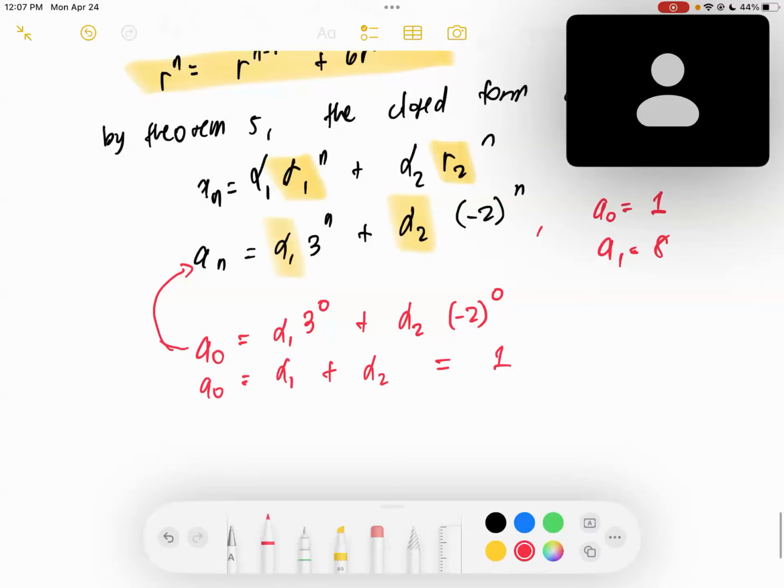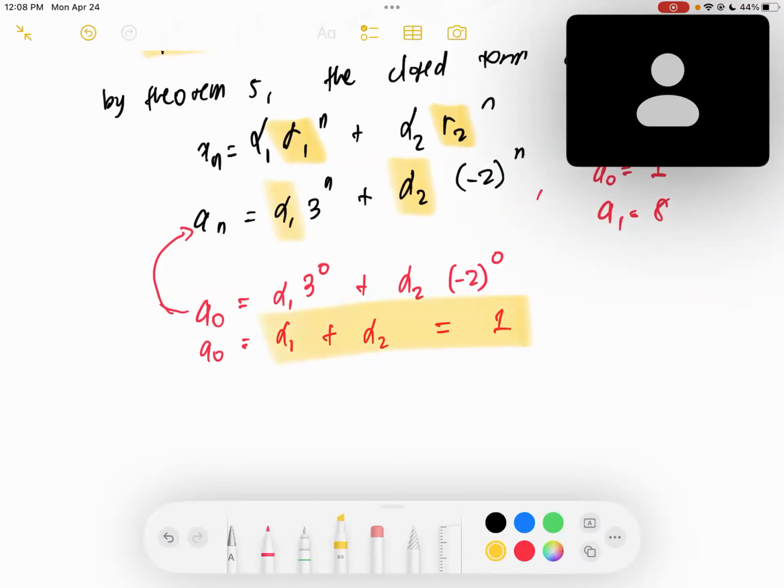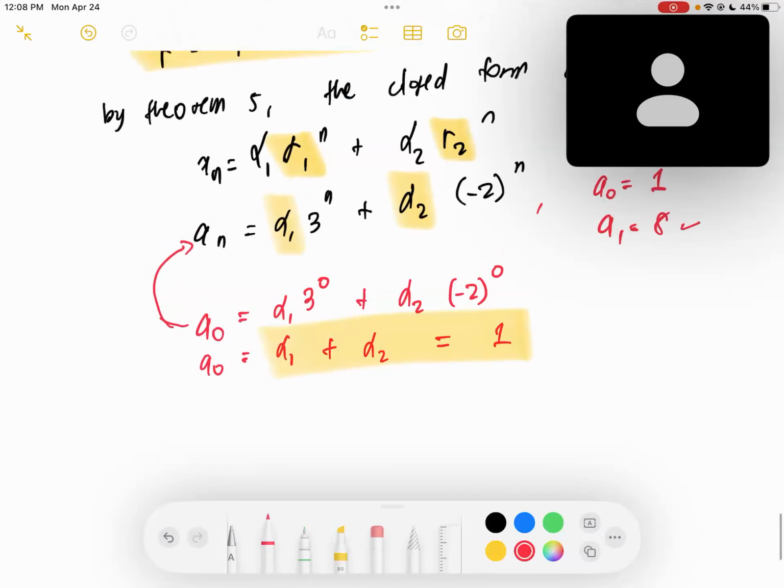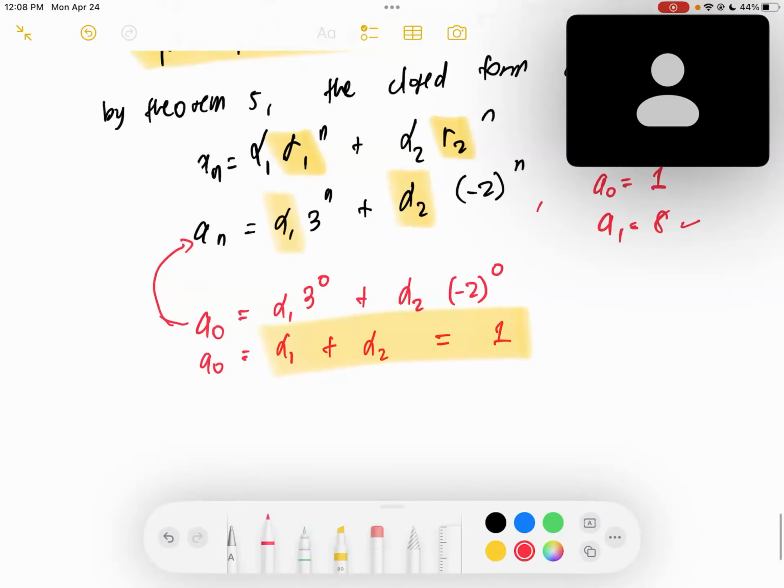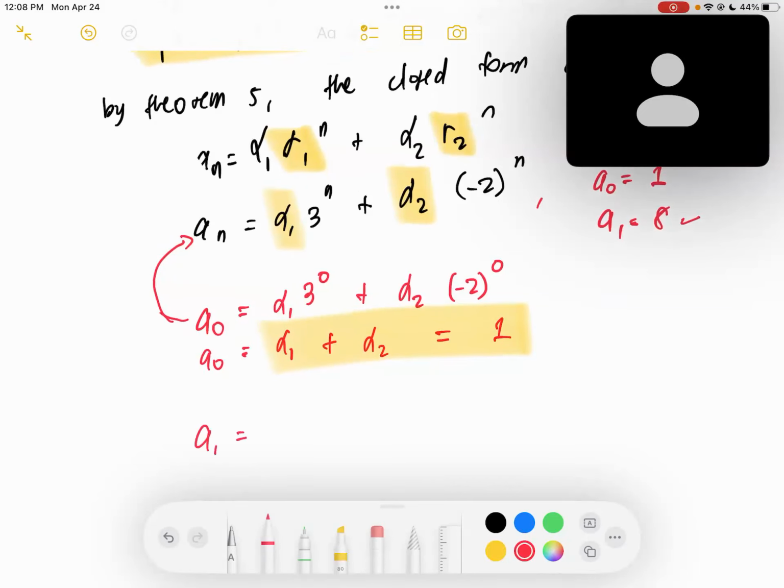Okay, and we can also compute for a sub 1, since we know that it's equal to 8. So we substitute that from here. That will be alpha 1, 3 raised to 1, plus alpha 2 times negative 2 raised to 1.